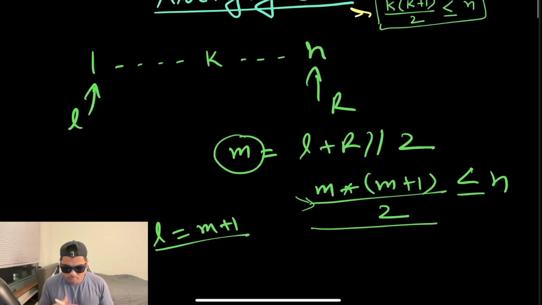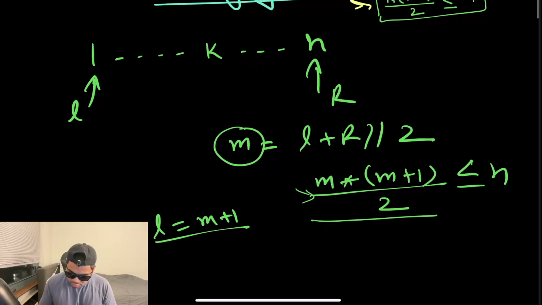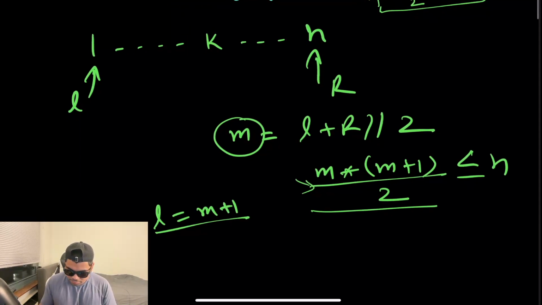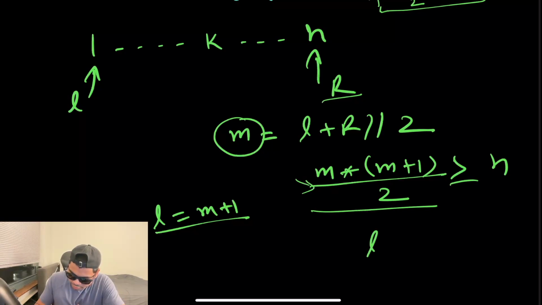Right now, we can choose to go a little higher, and later when you find your next mid, if this ever gets bigger than our n, then we move our right pointer to mid minus 1.